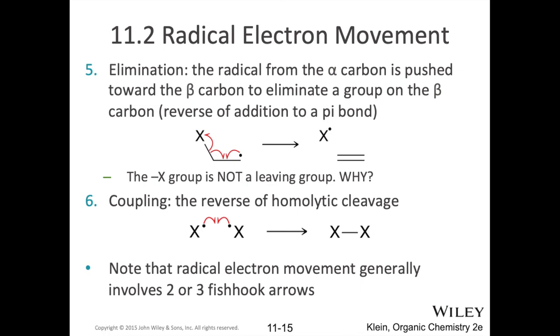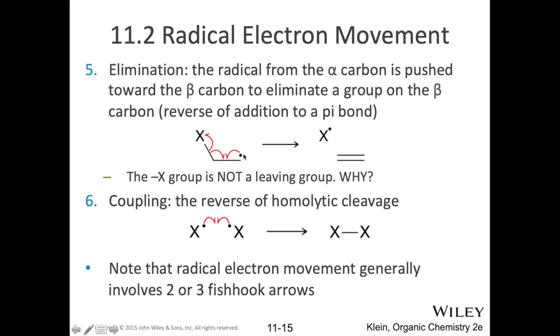We can also do eliminations. Now, notice that the elimination step is going to be the reverse of the addition to a pi bond. Again, this is one of those couplings I kind of told you about. Okay, so just as in the addition to a pi bond, you start off with a radical and it would react with a pi bond to form a covalent bond between that atom and your carbon and turn the other carbon into a radical.